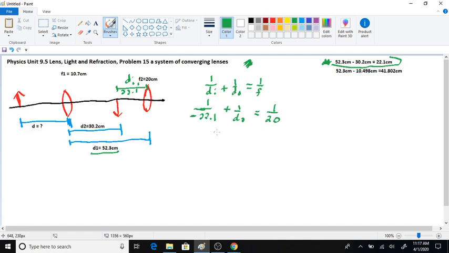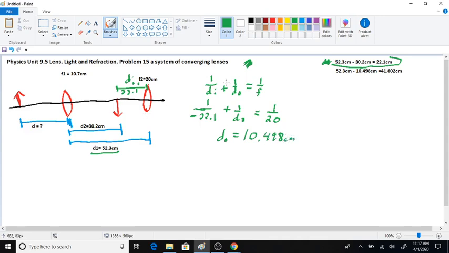When we solve this, I would divide this to get a decimal, divide this to get a decimal, add this over here, and then do 1 divided by this answer, and it will give you DO. Those are the simple algebraic steps I would do to solve this. You end up with 10.498 centimeters. What does that mean?